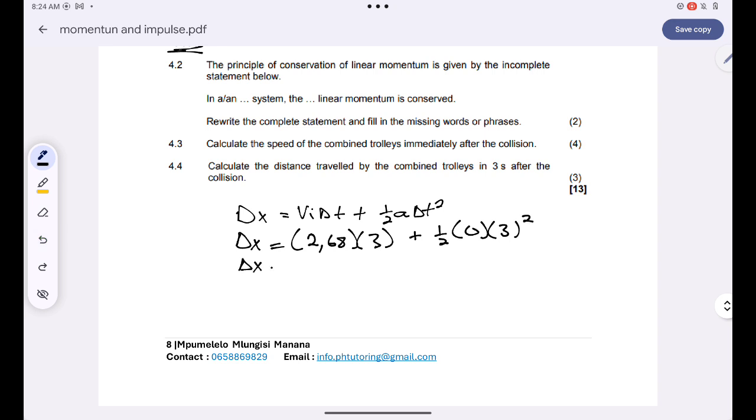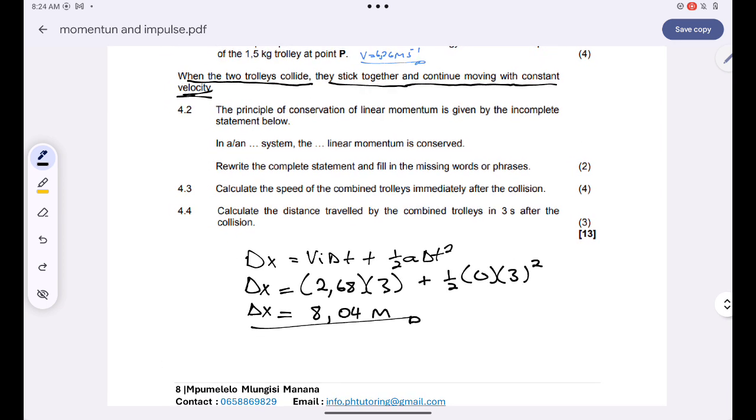So I can simply find the distance. 2.68 multiplied by 3. You'll simply find that after 3 seconds, the combined trolleys would have traveled a horizontal distance of 8.04 meters. That's how, guys, we would have tackled the question over there.